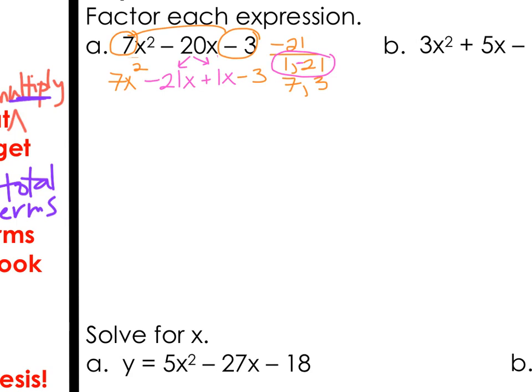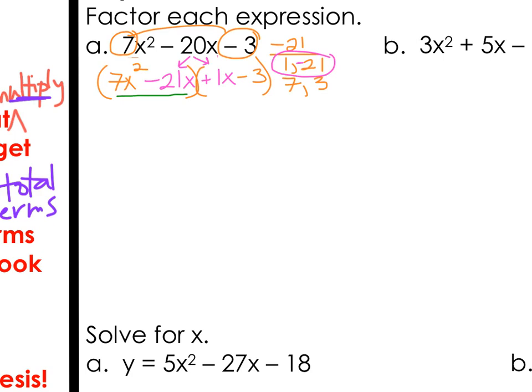From here, we put parentheses around the first 2 terms. So there and there. And then we put a parenthesis around the second 2 terms, including the plus. In that first parenthesis, we look for a common factor. We have 7x squared and 21x. We could take 7 out of 7 and 21, and we could take an x out of x squared and x.